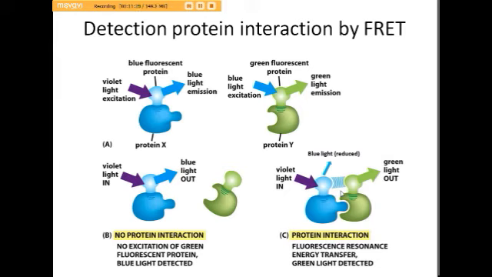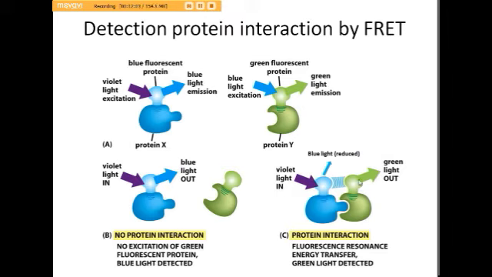If we use the same intensity of violet light to excite the BFP, the BFP will still generate blue light as emission light. However, the blue light will be reduced, because part of the excitation energy is directly transferred to the YFP. Then the YFP generates its characteristic green light.